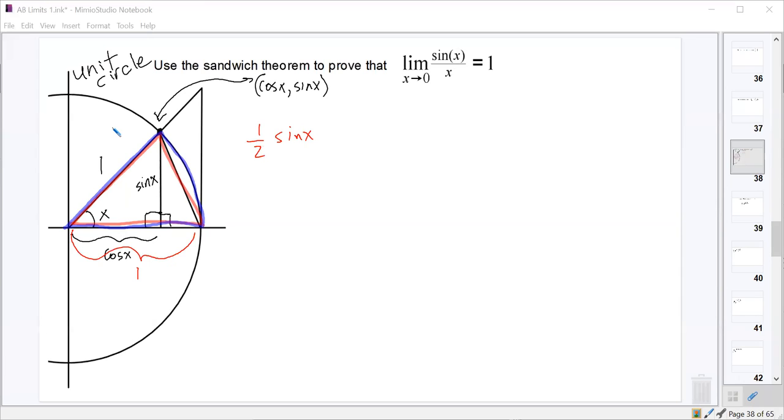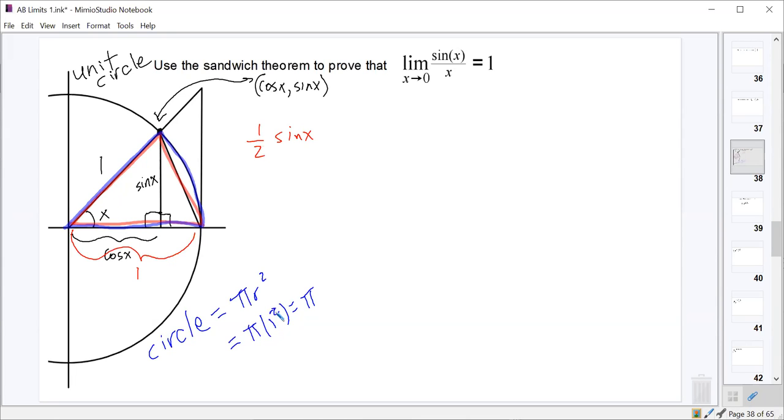All right, this is the sector of a circle. What's the area of the full circle? Pi squared. Yeah, the entire circle ought to be pi times the radius squared. Well, what's our radius? 1. Yep, so this should just be pi times 1 squared, or just pi for the entire circle, right?